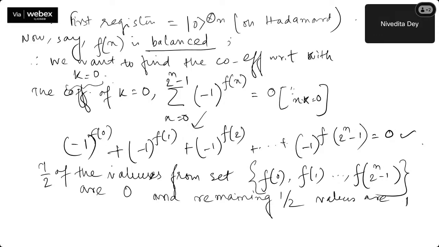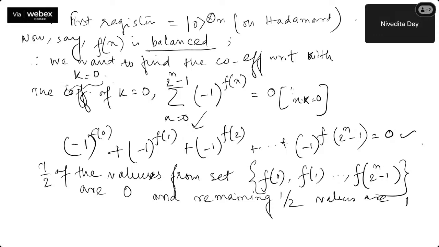So minus 1 to the power 0 will be basically 1, and minus 1 to the power 1 will be minus 1. Likewise, it's like 1 minus 1 plus 1 minus 1 plus 1 minus 1, so all the values will be cancelled out.